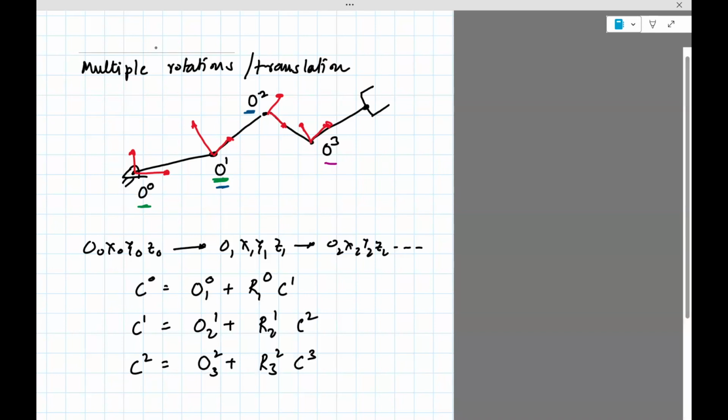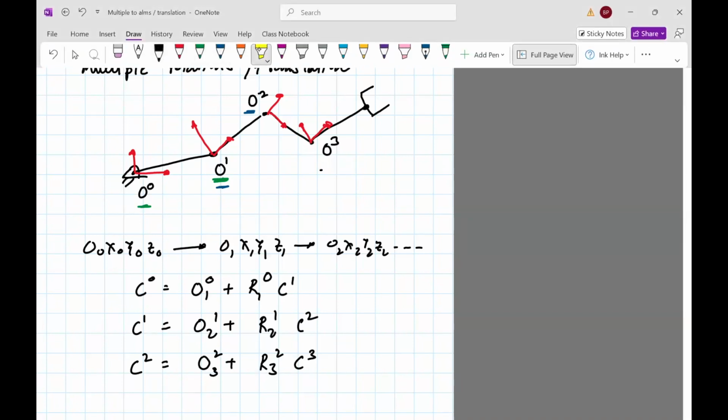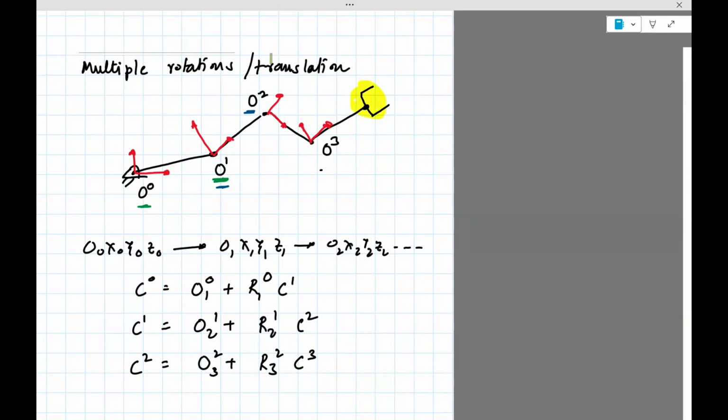Eventually, we are always interested in how the hand or the gripper moves with respect to the world frame, because maybe it's manipulating an object in the world frame. So in order to do that, we need to recursively go from frame 3 to frame 0.